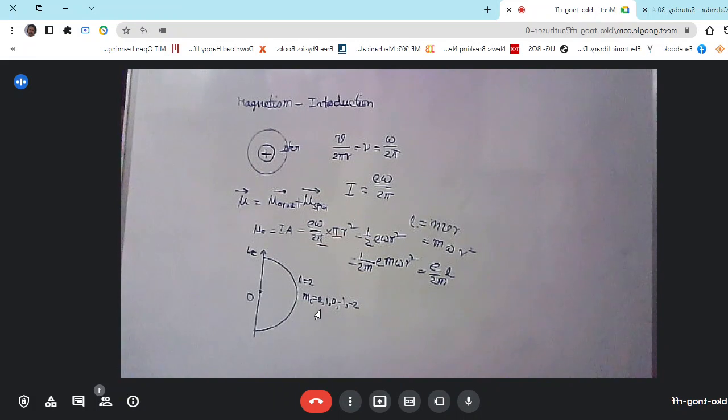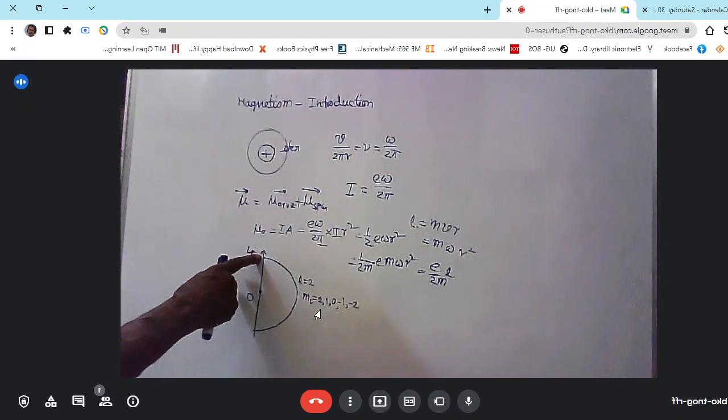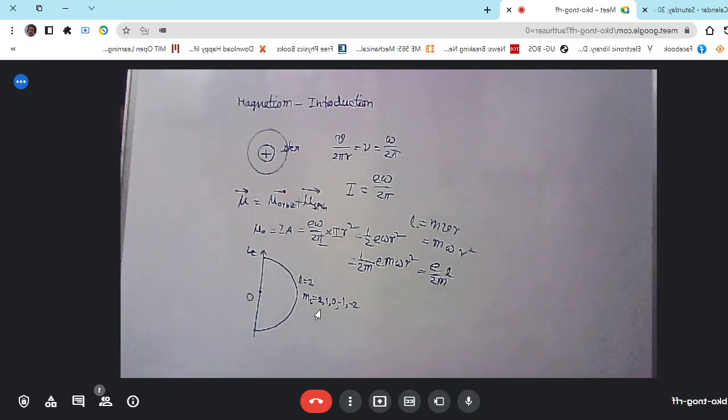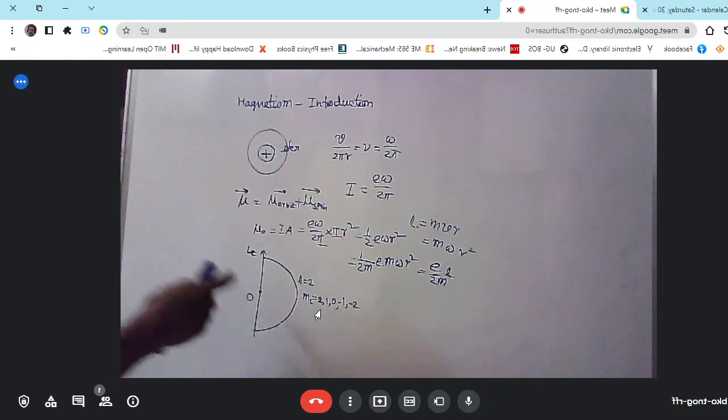Infinite numbers of orientations are possible. So Lz has a continuous value from +2 to -2. Every possible value between +2 and -2 is allowed. This is Lz equals +2, this is Lz equals -2, because L equals 2, so this length is also 2, and this length is also 2.